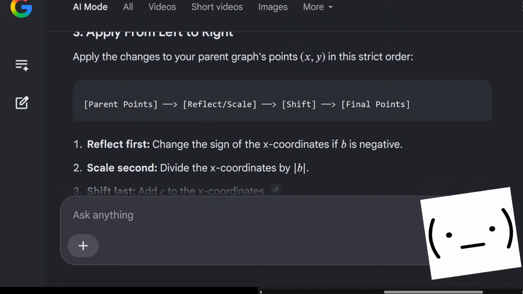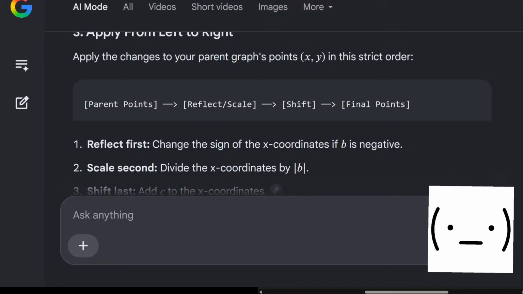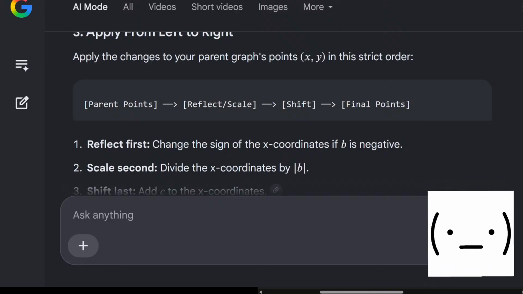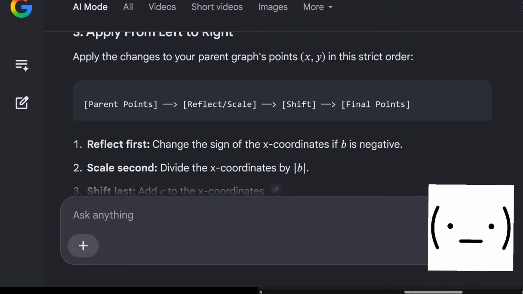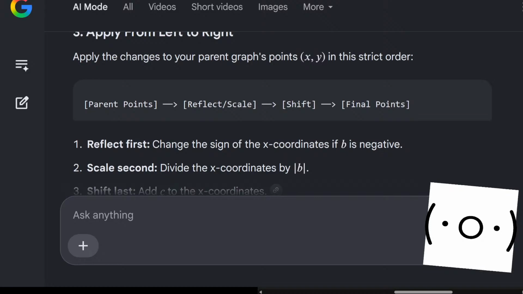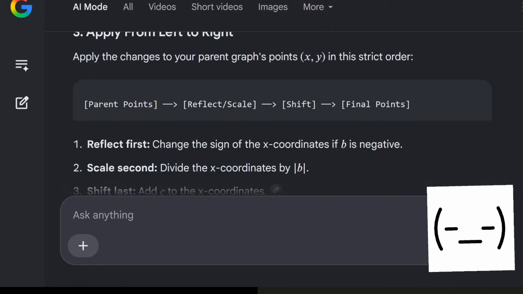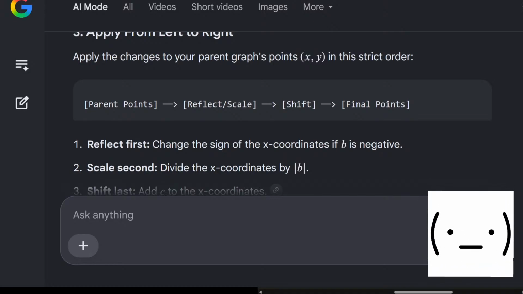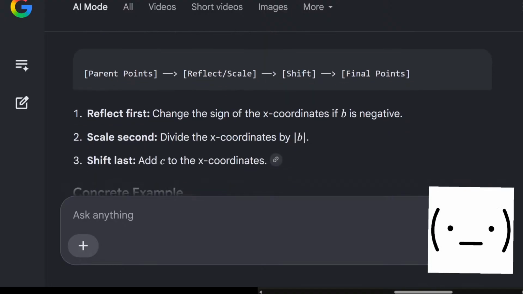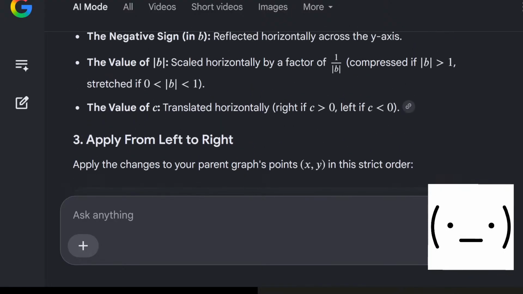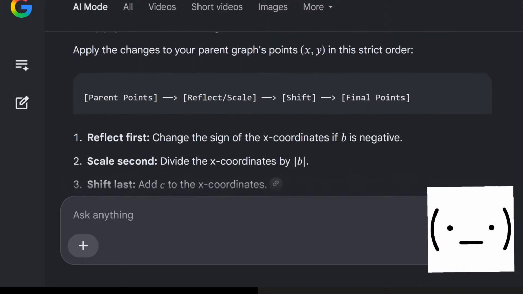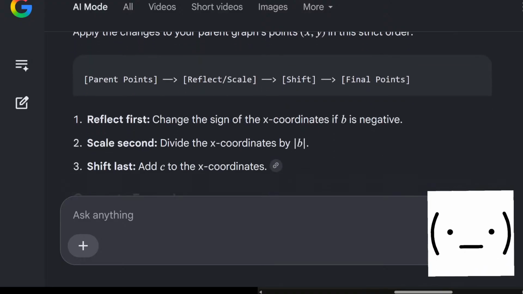So if you want to do -8, or you're dividing it.